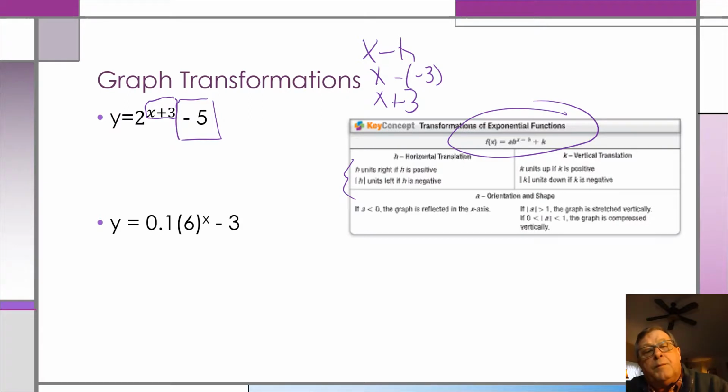But what about when we're pushing that down 5 units? What would our range be then? Before we see it on the graph, let's just think about it. Well, I think my range then is going to be y such that y must be greater than negative 5.